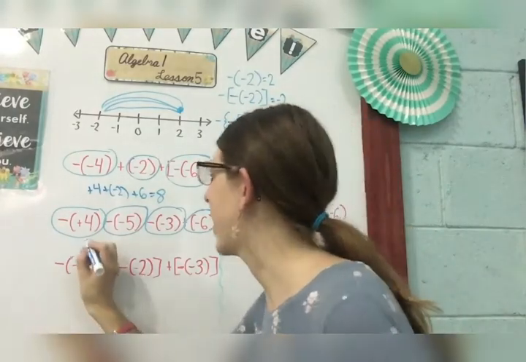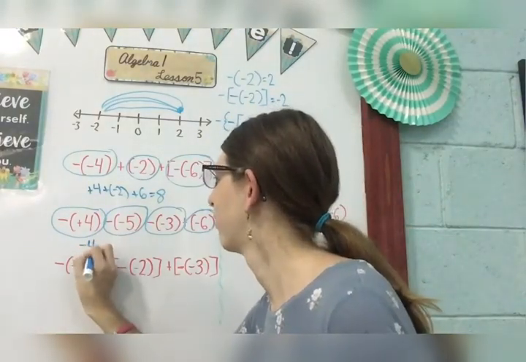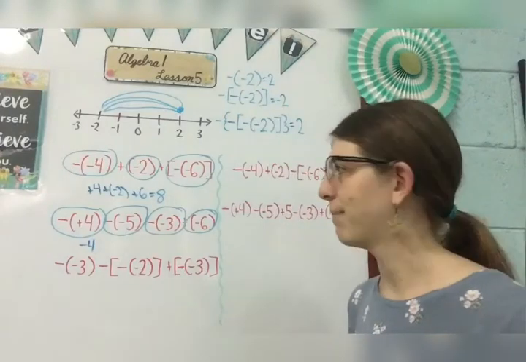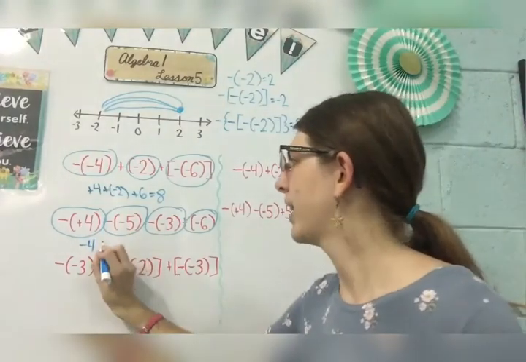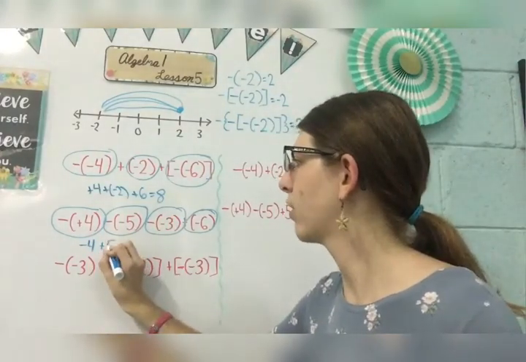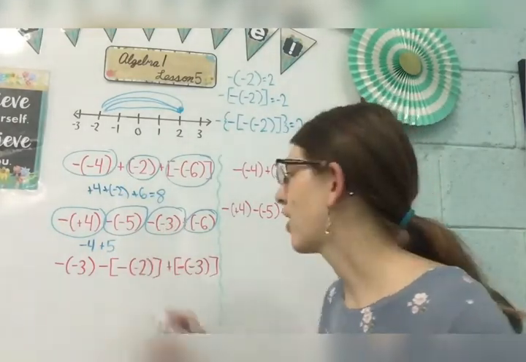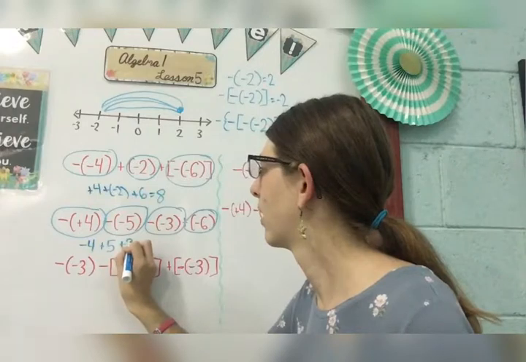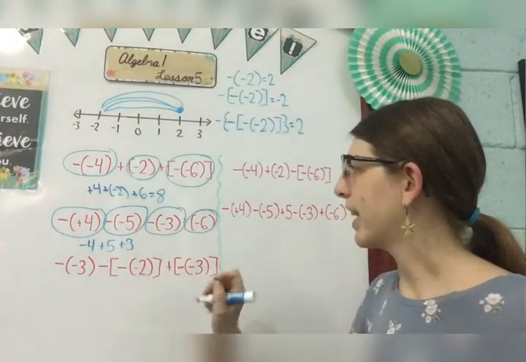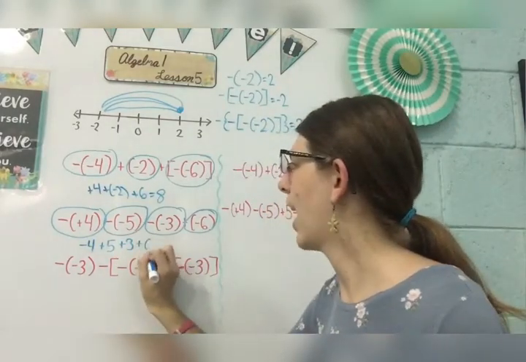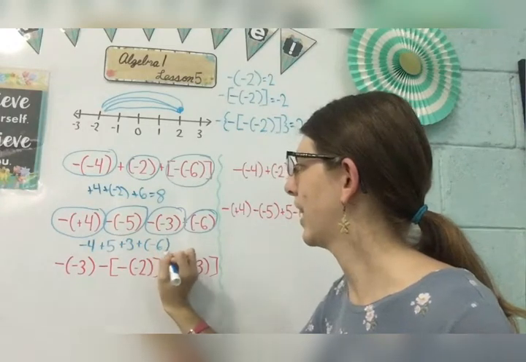That means I have a negative 4 right there because I have 1 negative sign. Here I have 2 negative signs, so that means I'm just adding a regular old 5. Again, I have 2 negative signs, so that means plus 3. Here I have 1 negative sign, so that means that I do have a negative 6.